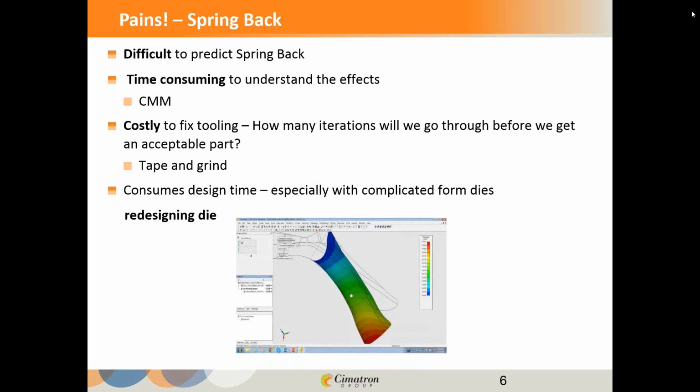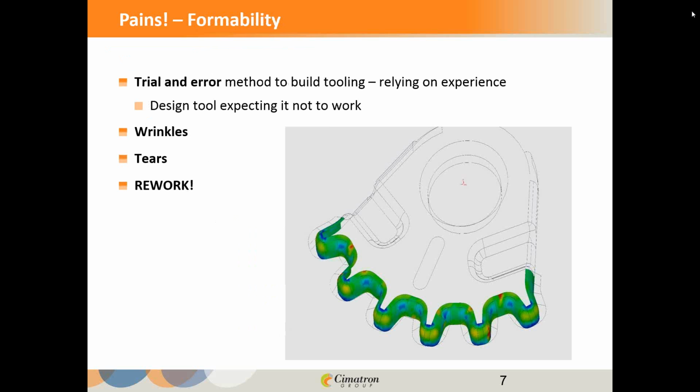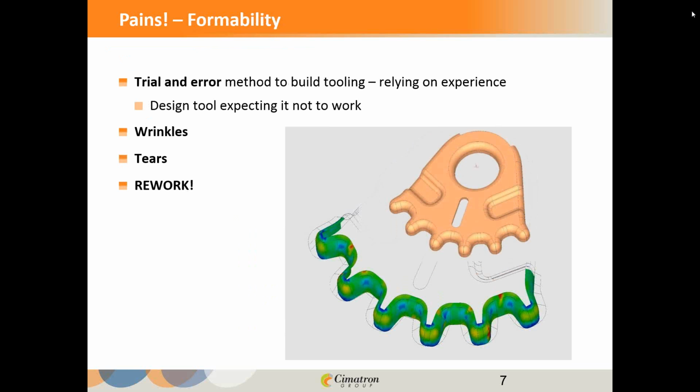In the end, your die design is really chasing after the actual die. You're trying to get the die design to be on par with what you've done to the die so that your data matches what the actual die looks like. And then with formability, all too often, the experience of the shop will put their heads together and look at the part and decide how they anticipate the part is going to be made. In fact, they may even go through a couple of iterations of that design expecting it not to work right.